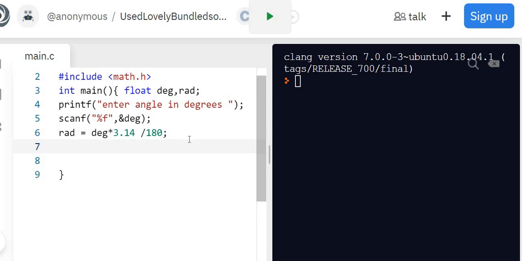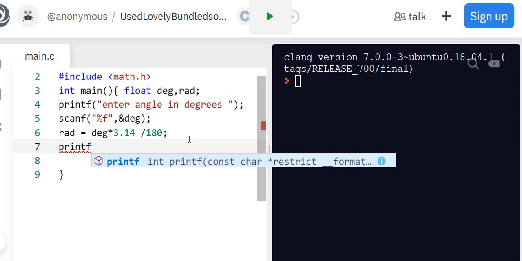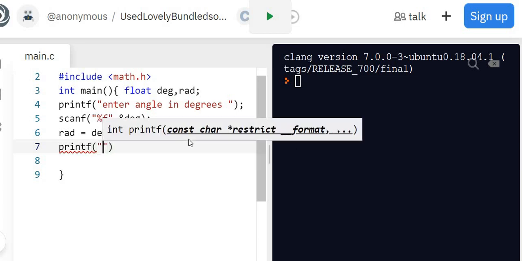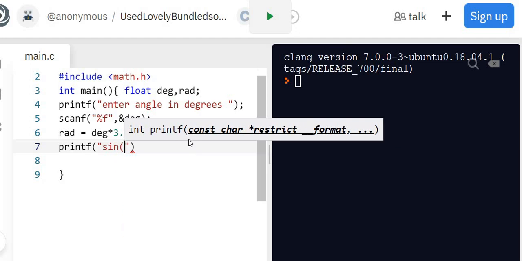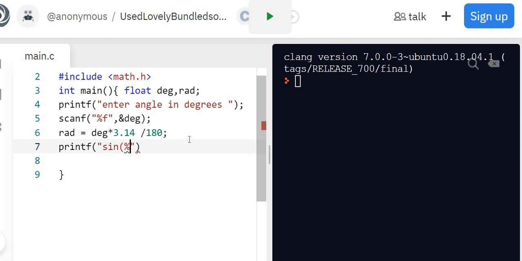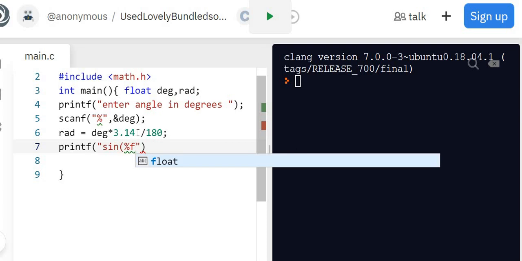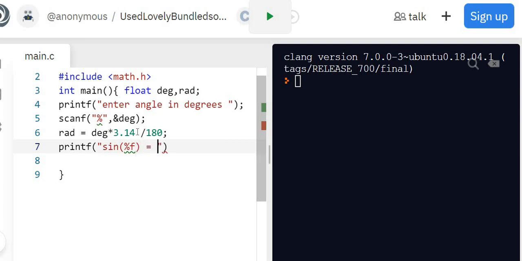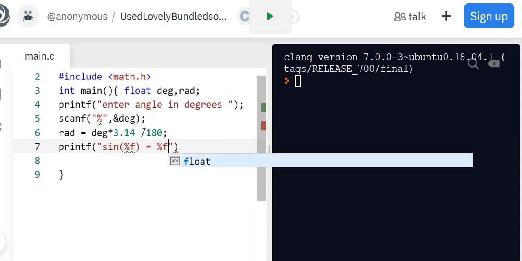Now we have to find out the sine of this angle. Let us print the sine directly. So printf, sine, %f, sine of this angle is equal to %f, the actual sine.